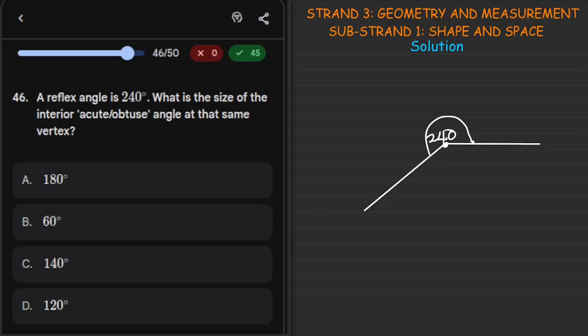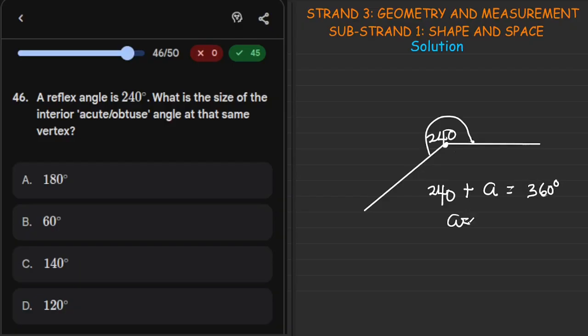100. It gives us 360 degrees. So we say the reflex angle and the interior angle must add to 360. The reflex angle and the interior angle should add to what? 360. Hence we have 240 plus the angle we don't know, let's say A, giving us 360 degrees.